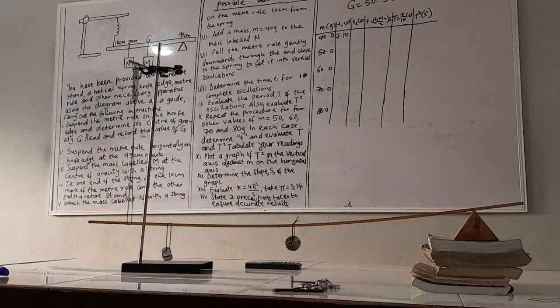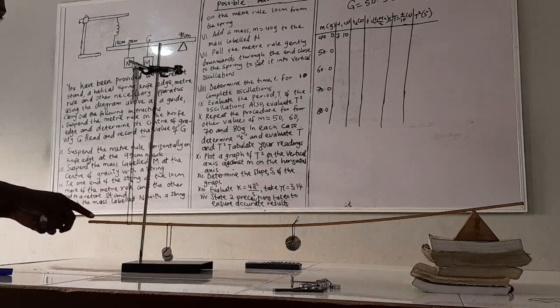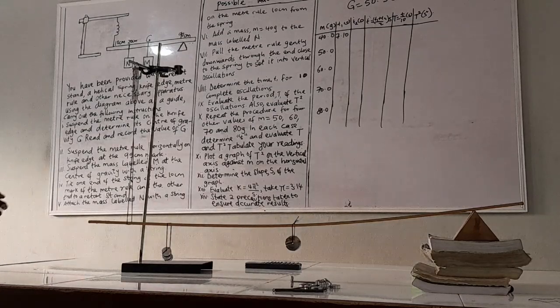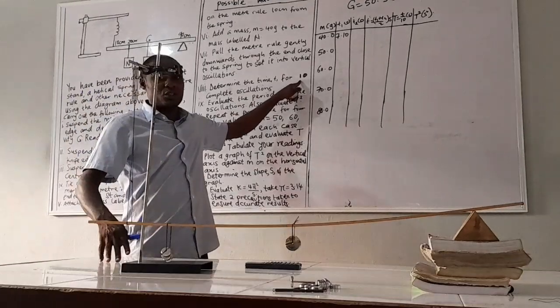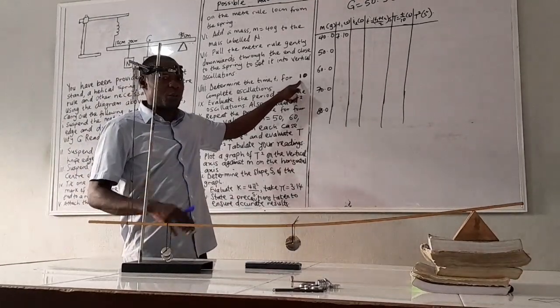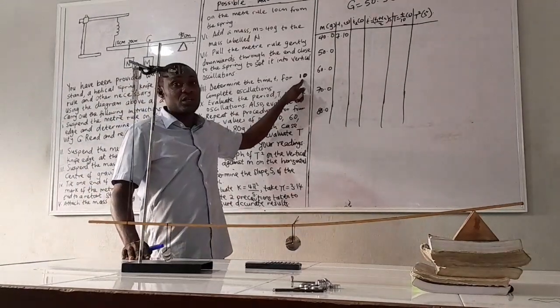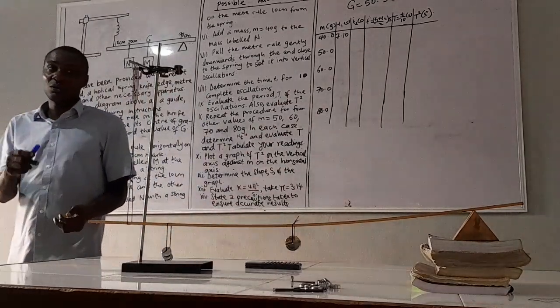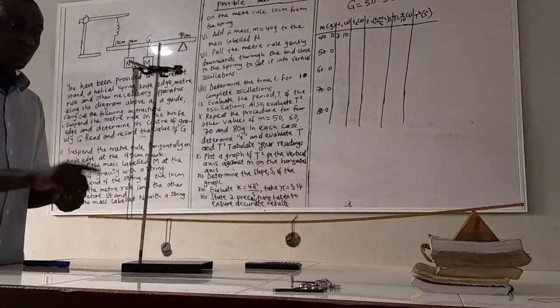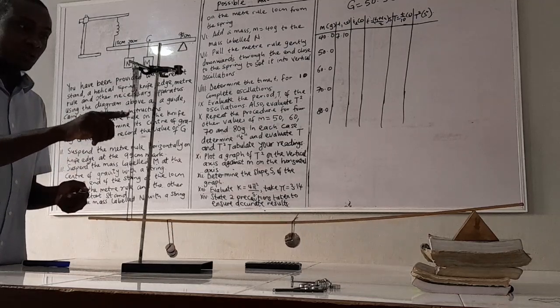So let's take that again. I'm going to take it again for T2. So let me depress it. Now you see that I'm using 10 oscillations here. It can be 20 oscillations. You do it the same way. In fact, you can get 10 oscillations and multiply it by 2 to get 20 oscillations. So let me go for the next one again. 1, 2, ready, go.